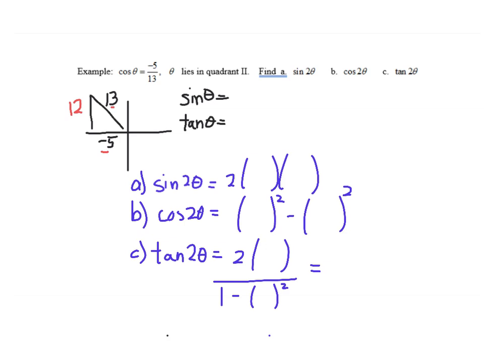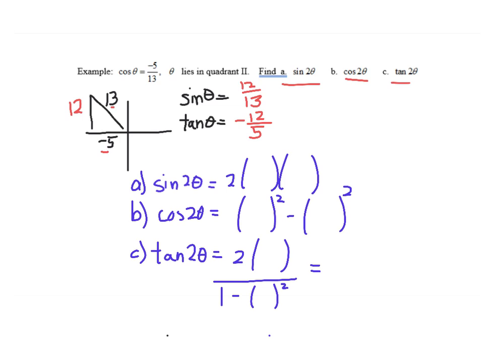So just to get ready for everything, since we know we're going to have to find sine of 2 theta, cosine of 2 theta, tangent of 2 theta, we'll just find them all right now. Sine is opposite over hypotenuse, so that would be 12 over 13. And tangent is opposite over adjacent, which would be -12 over 5. Now I've just written the template here to make it easier.